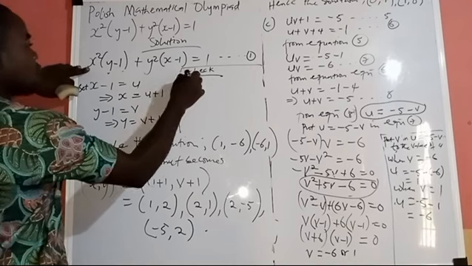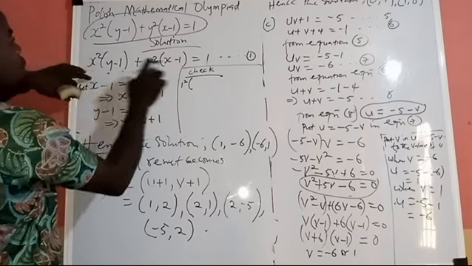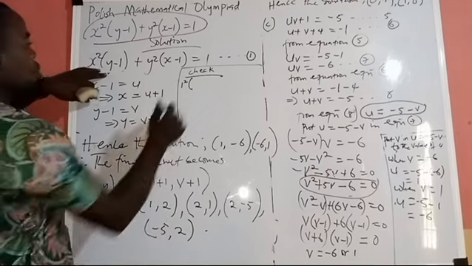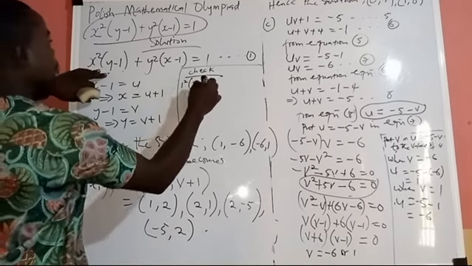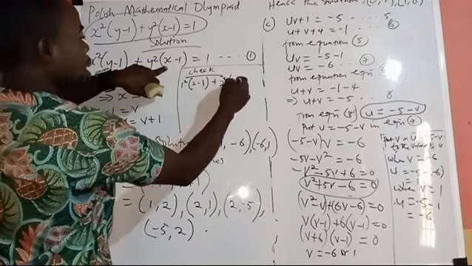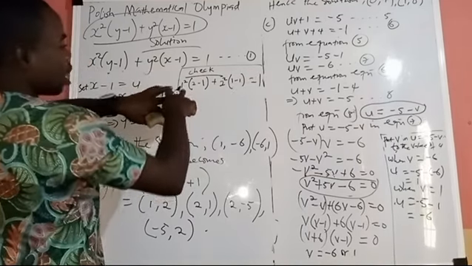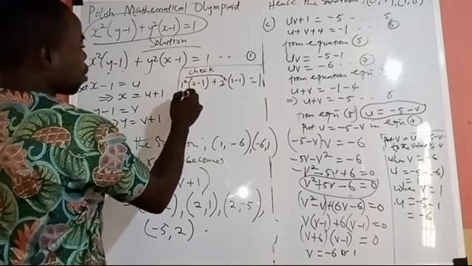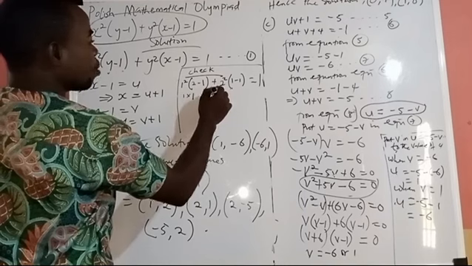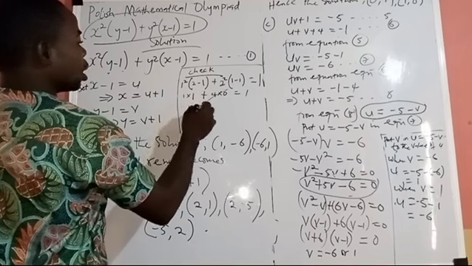So we have 1 squared into, this is our original equation, and our y is 2, so this is 2 minus 1, plus 2 squared, and then our x is 1 minus 1, and this should give us 1. So you see, 1 squared is 1 times 2 minus 1 is 1, plus this is 4 times 0, and of course you see that this is gone. 1 is equal to 1.